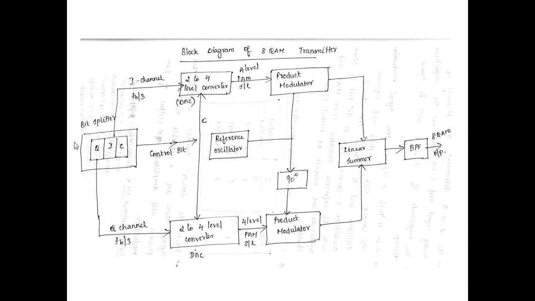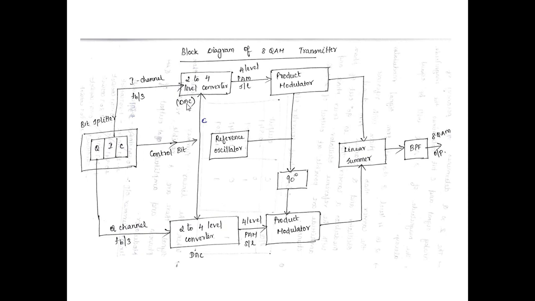Here the input bits come in, then the bit splitter splits them into in phase, quadrature phase and control channel. So this bit is sent here, and this bit is sent here by the bit splitter, and this third bit is called the control channel bit.